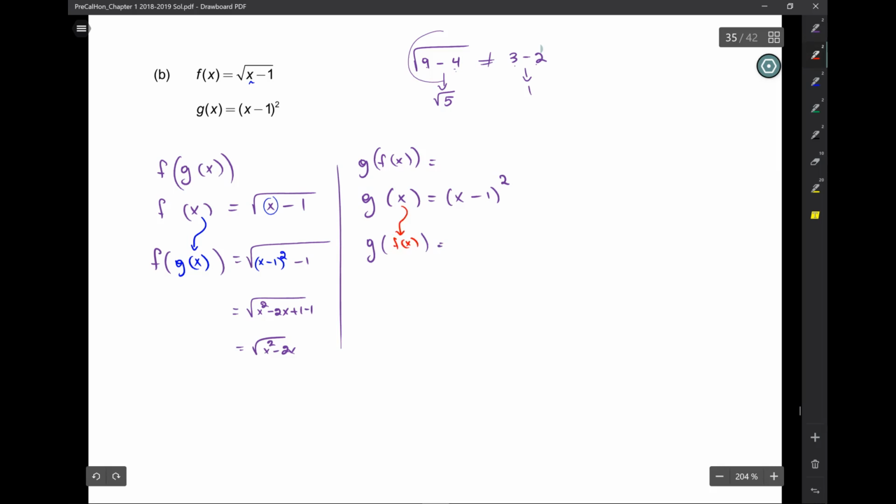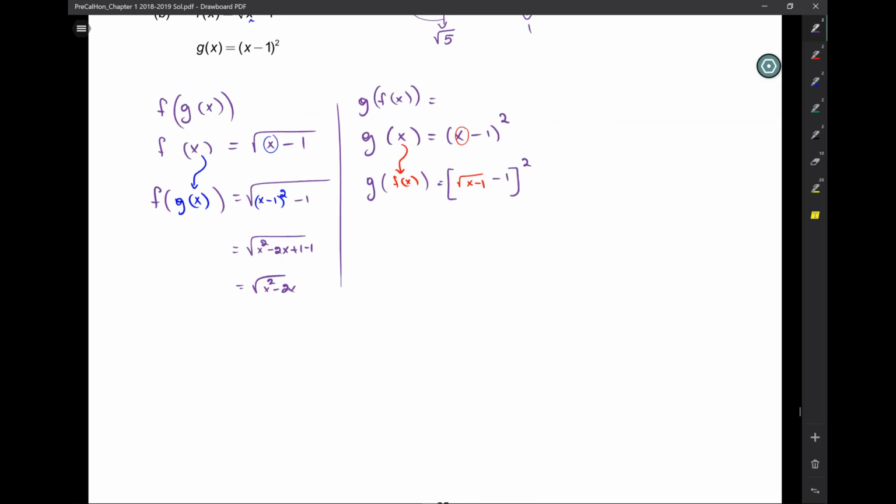X got replaced by f of x. So here, all my x's need to be replaced by f of x. So I have my x replaced by f of x, minus 1 squared. Does that look okay? Yes.